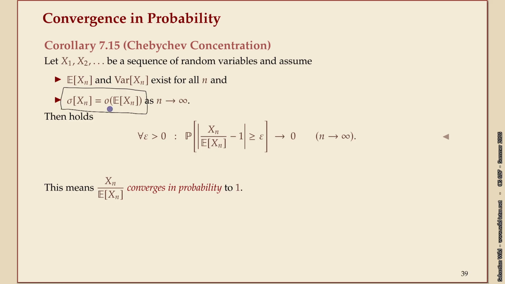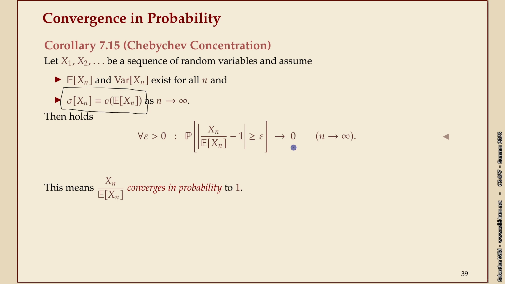If the standard deviation compared to the expectation goes down, becomes smaller, then these random variables converge in probability to their expected value. More formally written, the ratio goes to 1. And convergence in probability is just the definition of this guy. For any epsilon that you pick, any fixed epsilon, the probability that you're further away than epsilon from this limit point converges to 0.